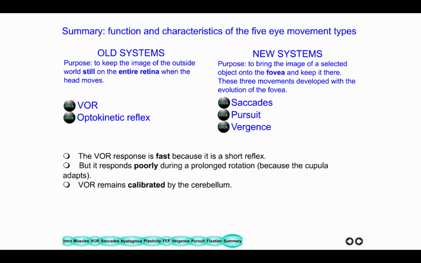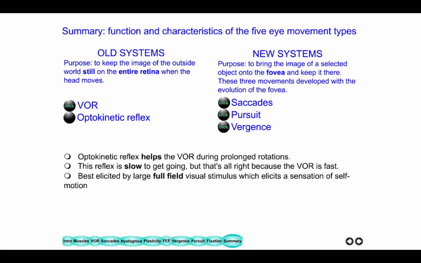So the VOR does this. It's fast because its reflex is short, but it responds poorly to a continuous rotation. And the VOR is calibrated by the cerebellum. We have then the optokinetic reflex, and it is used to help the VOR during prolonged rotations.